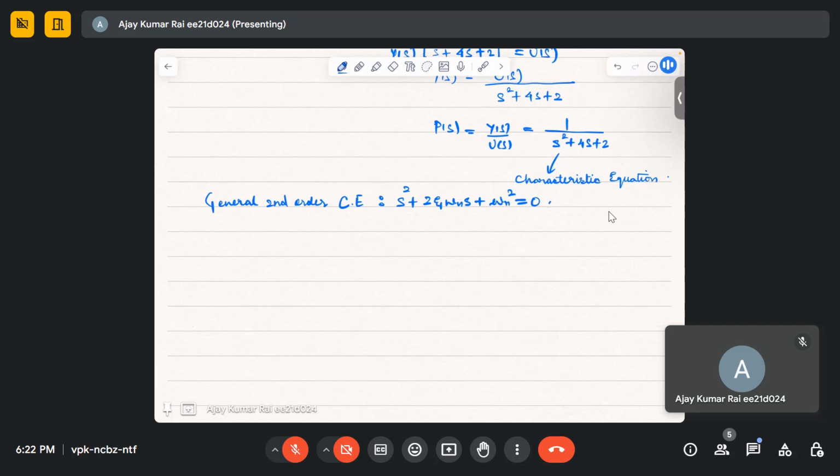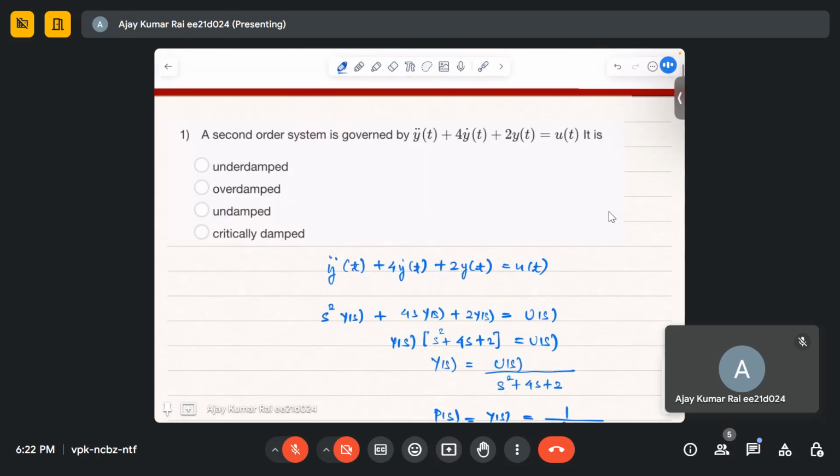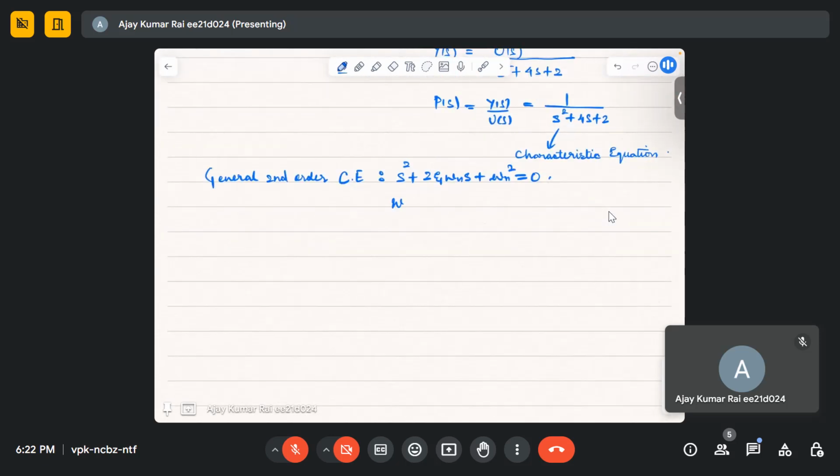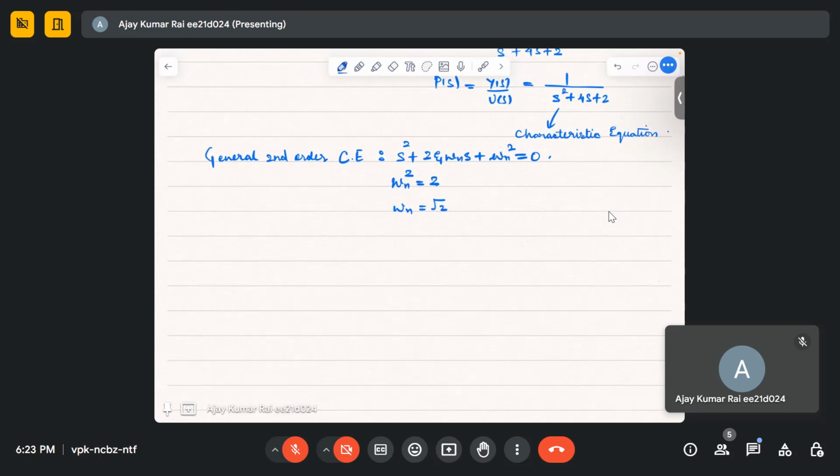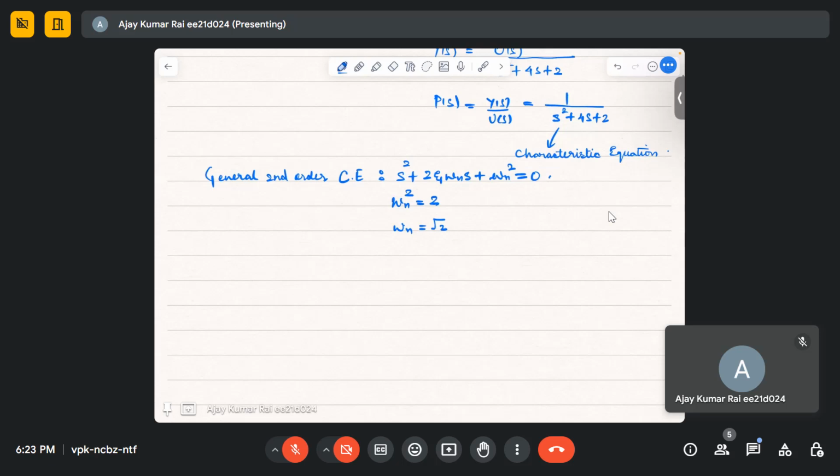The easiest thing is to compare the coefficients of the characteristic equation with the general second order characteristic equation. Here it is s square plus 4s plus 2. So omega n square is 2, omega n will be root 2. Also, 2 zeta omega n will be equal to 4.